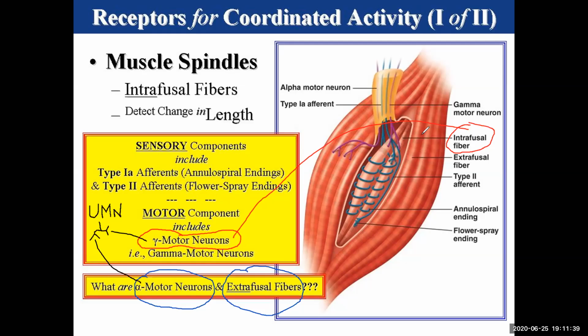Right? So what's going to happen is when the extrafusal fiber contracts, the alpha motor neurons propagate action potential faster than the gamma motor neurons, because the axons of the alpha motor neurons are larger in diameter, and in terms of myelination also.